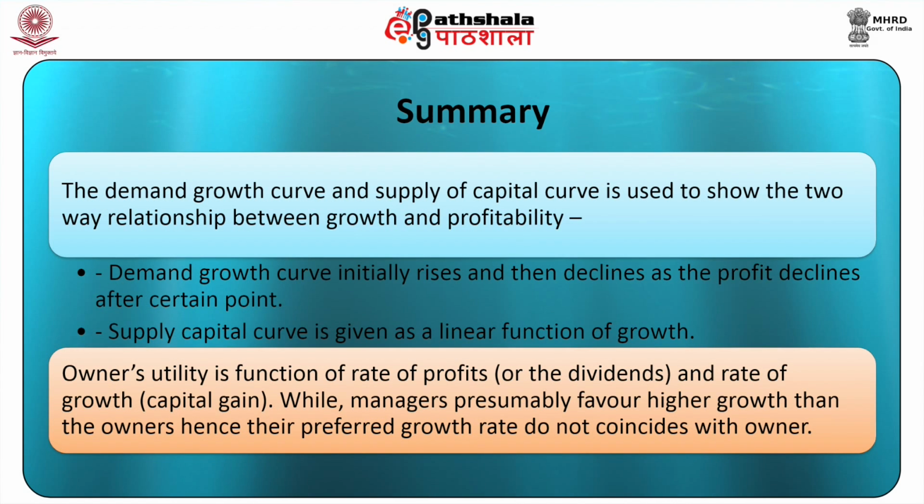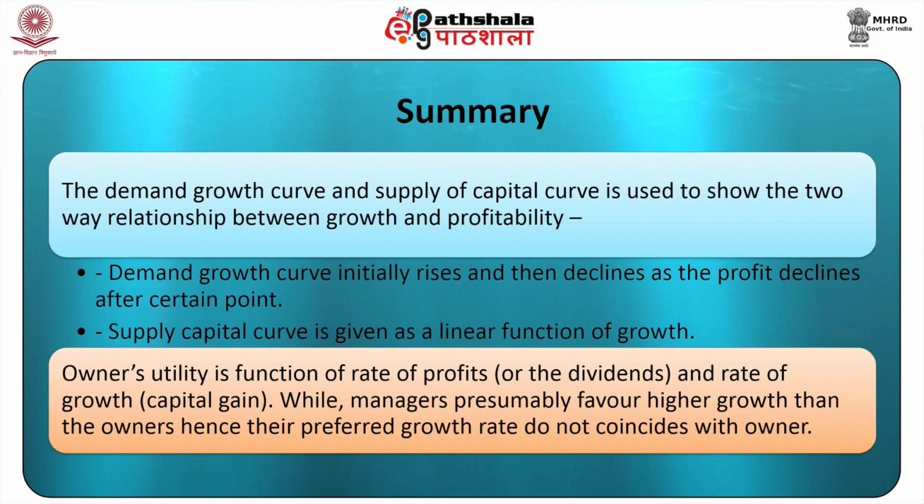The demand growth curve and supply of capital curve are used to show the two-way relationship between growth and profitability. The demand growth curve initially rises and then declines as the profit declines after a certain point. The supply capital curve is given as a linear function of growth.